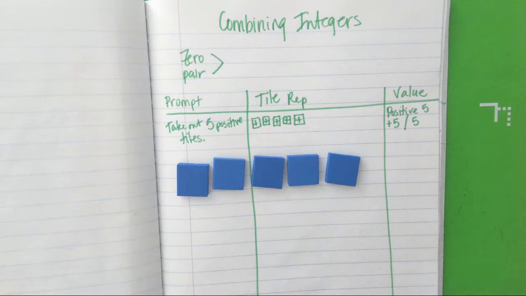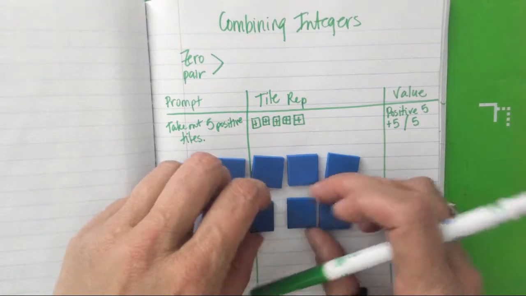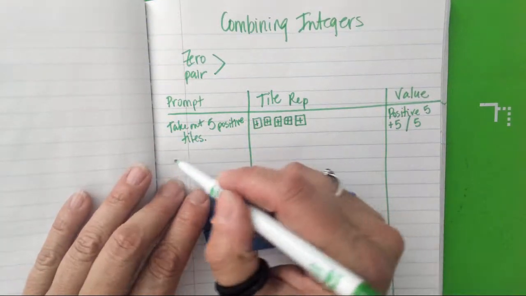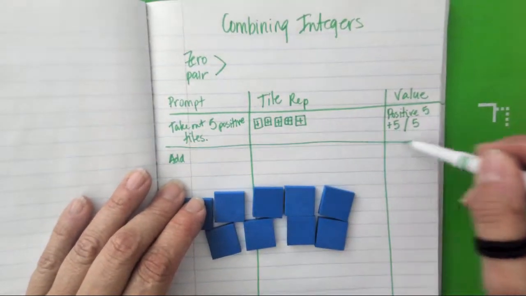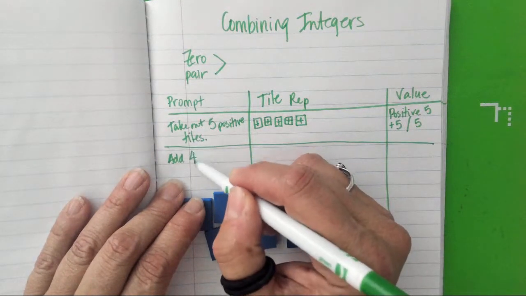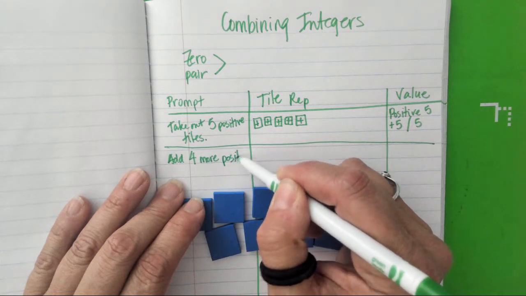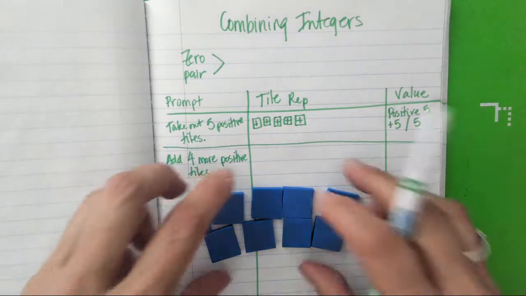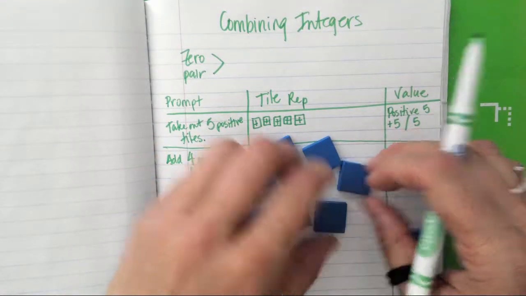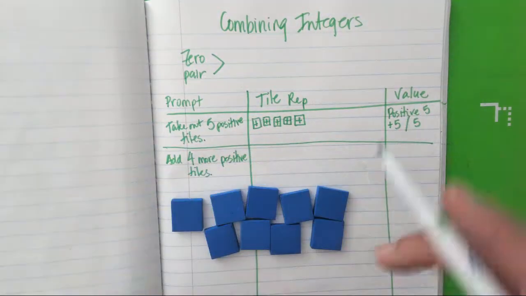So now what I want you to do is add 4 more positive tiles. Okay? So now what you should have sitting on your table is, I thought I heard somebody say it, 9 tiles.